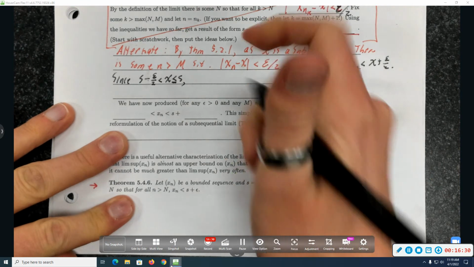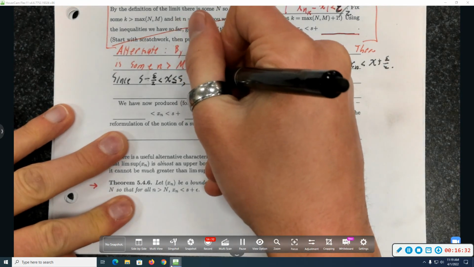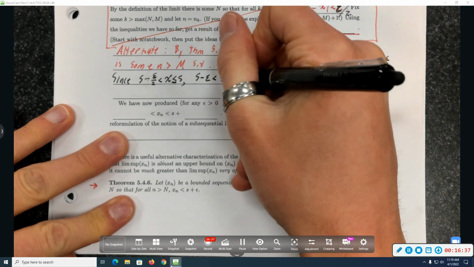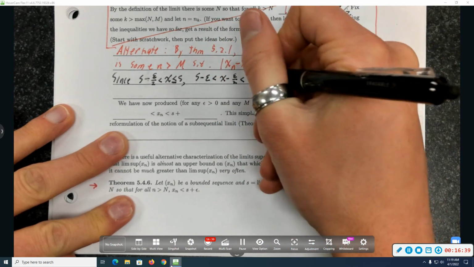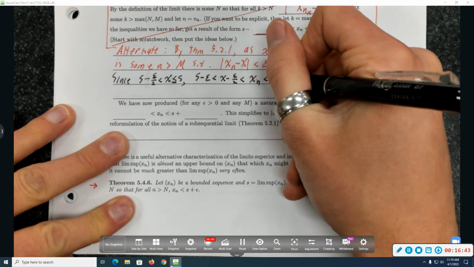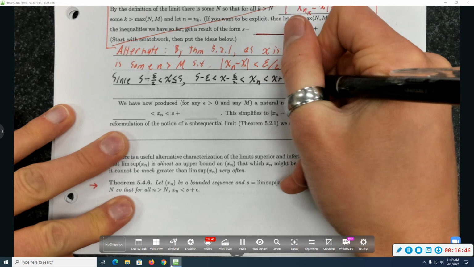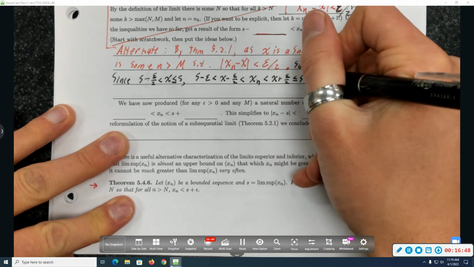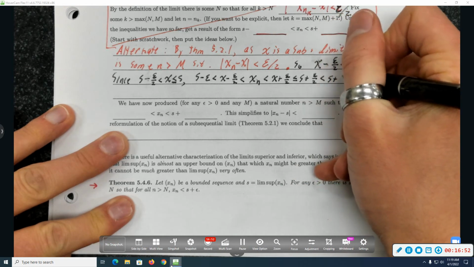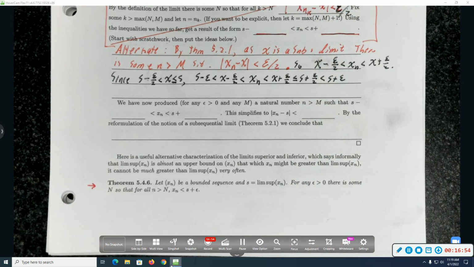We get s minus epsilon is less than x minus epsilon over 2 is less than xn is less than x plus epsilon over 2 less than or equal to s plus epsilon over 2. Maybe I'll stick an extra less than s plus epsilon. And so now, what do you do from there?